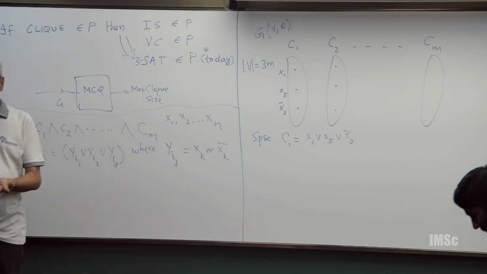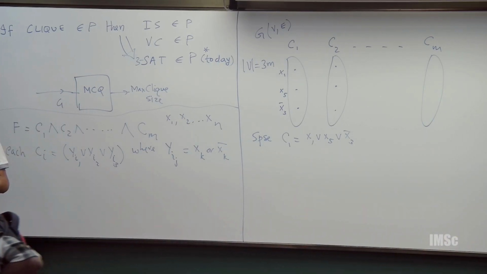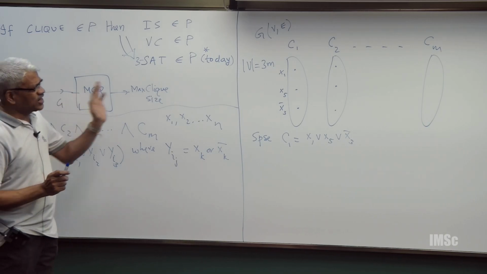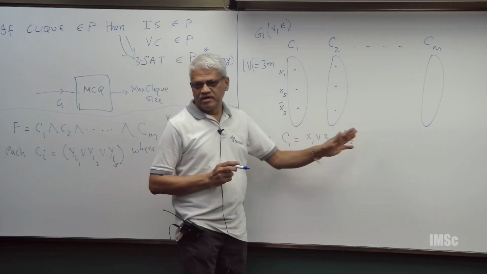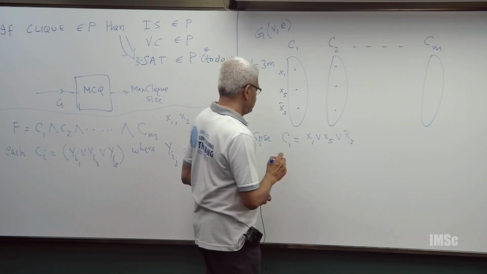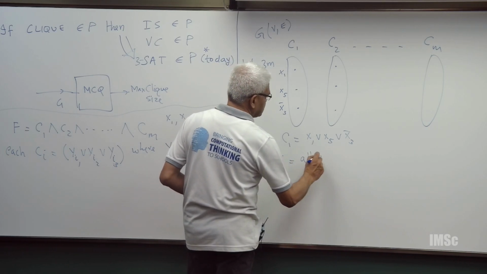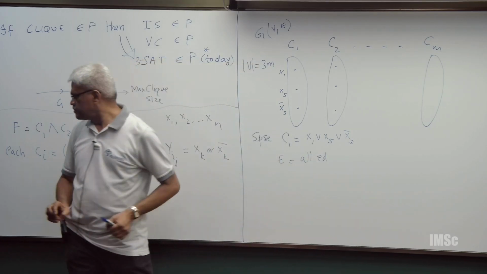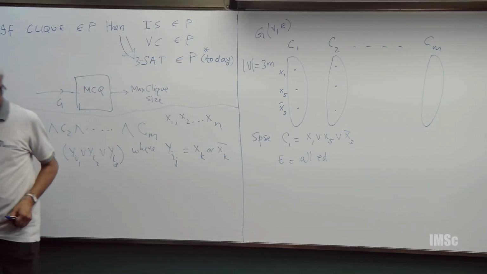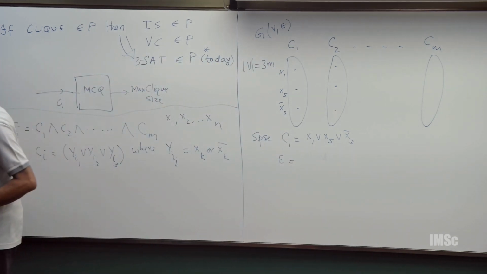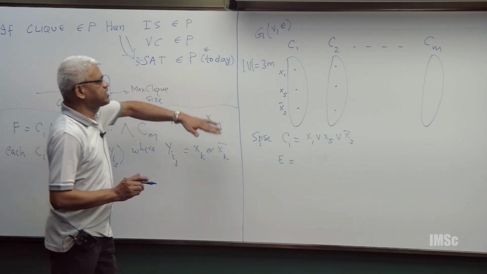Now, I am going to define the edges of the graph. I am constructing a graph from the formula and I am going to construct edges of the graph. For now, let us say I construct all edges between these parts and no edge within each set.